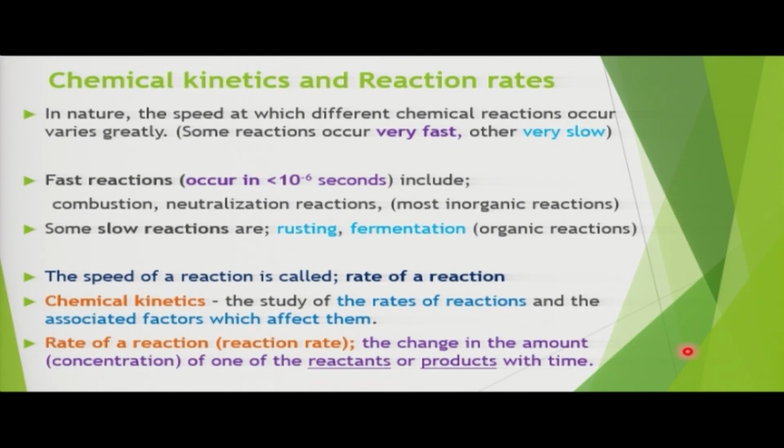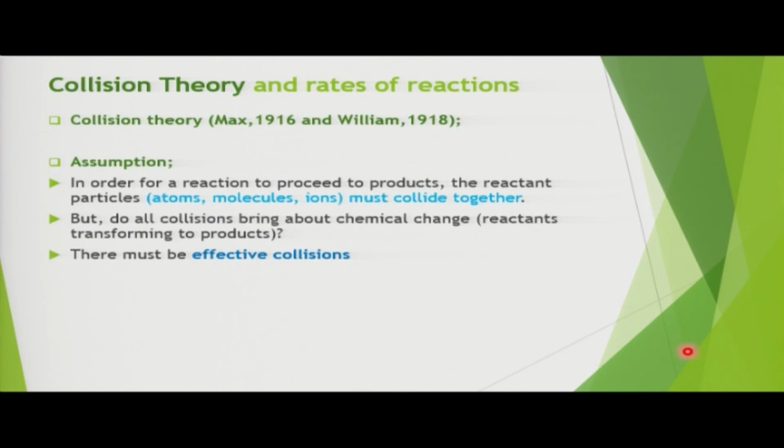Remember, we said we're going to look at collision theory and the rates of reaction. So in 1916 and 1918, the German scientists Max Trautz and William Lewis thought deeper about what brings some reactions to occur. Exactly what happens? You have the base, the acid, you mix them, then the reaction occurs.